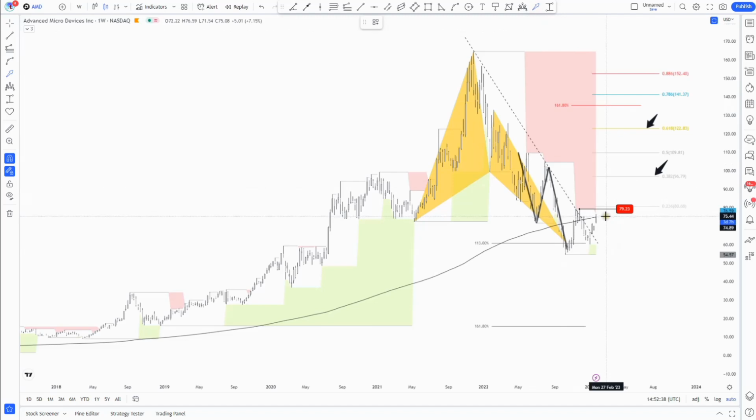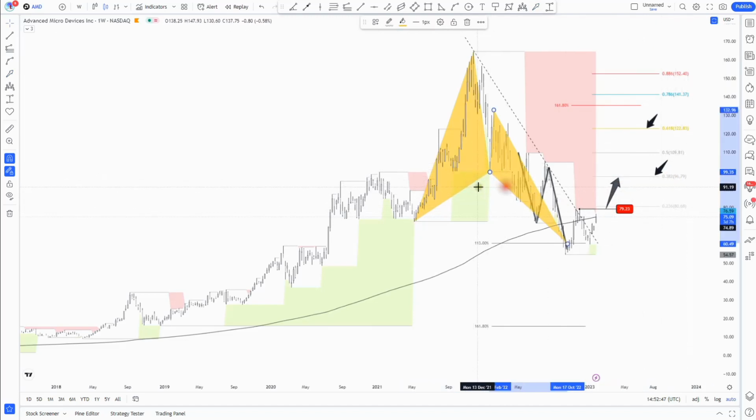A move above this fractal, I believe, should be followed by a move towards the 38% Fibonacci retracement, which is a default target for that bullish alt-bat pattern, the alternate bat pattern completed at the 113% Fibonacci extension.